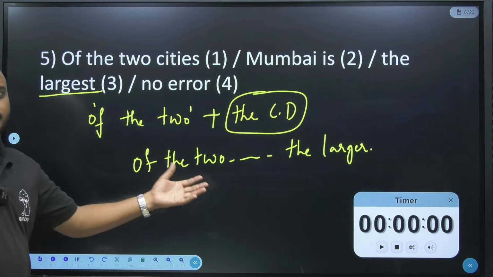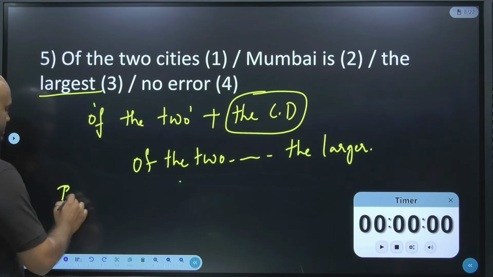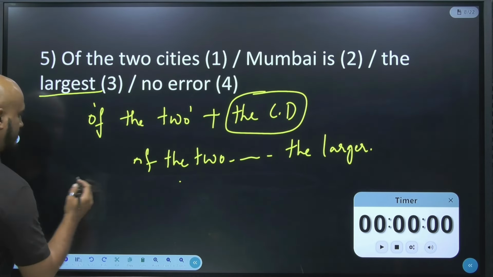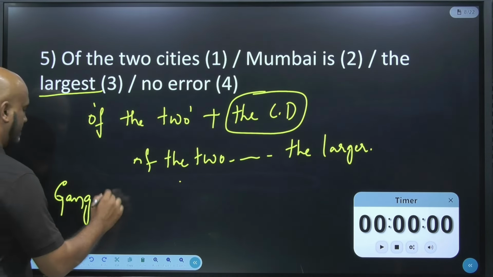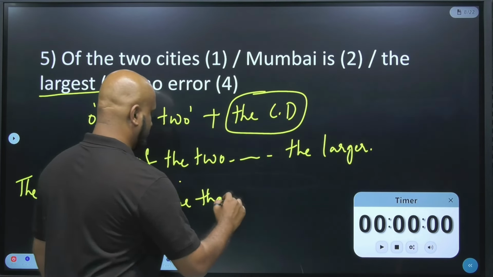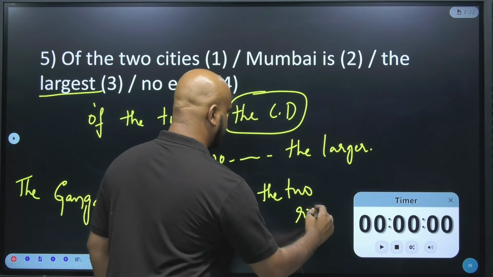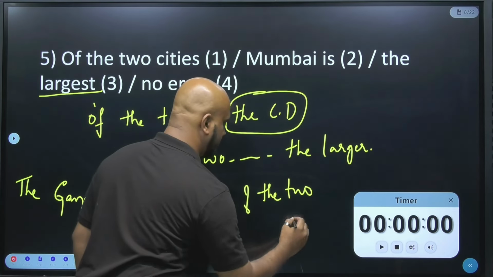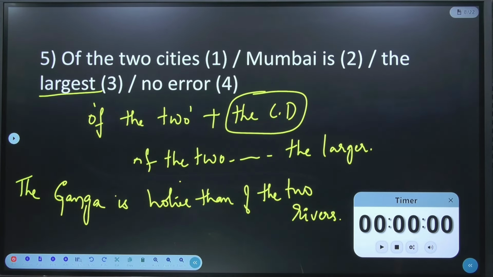Now, since I've told you this, let me give you one simple example so that you can answer. Let me write one example and see how many of you can answer this. So suppose this is my example: The Ganga is holier than of the two rivers.